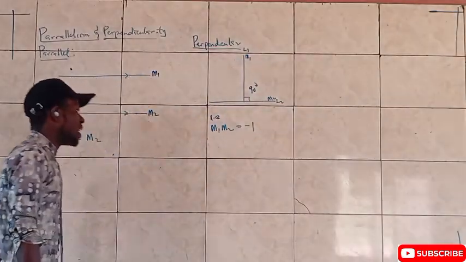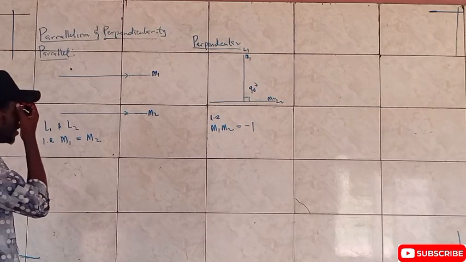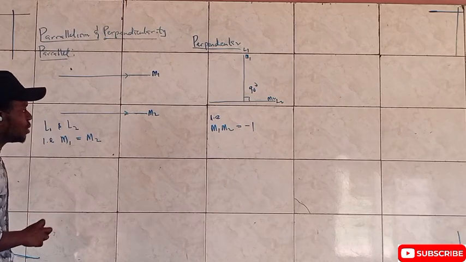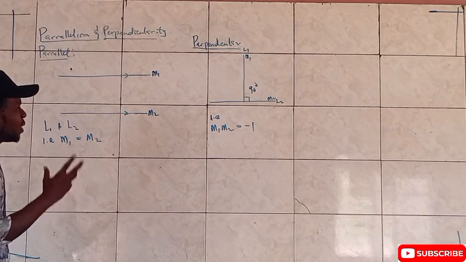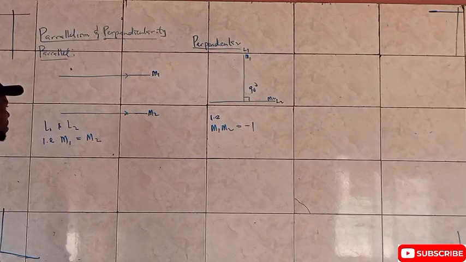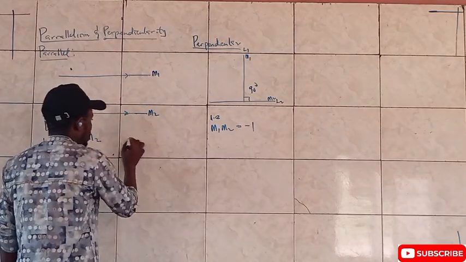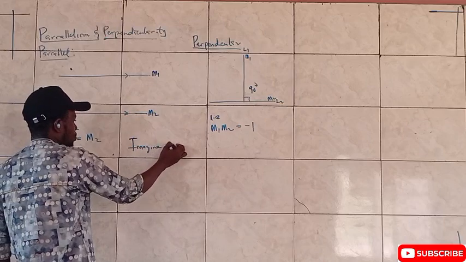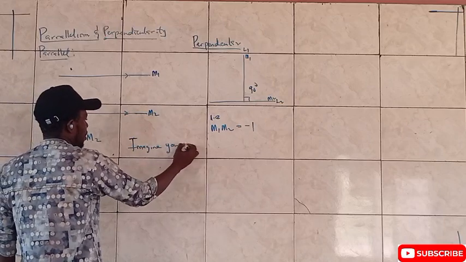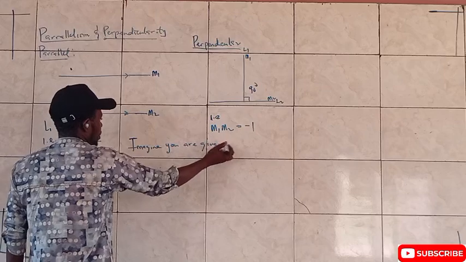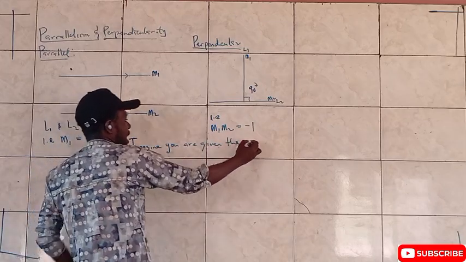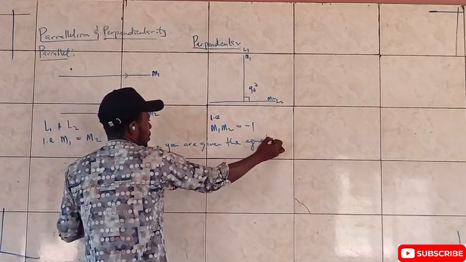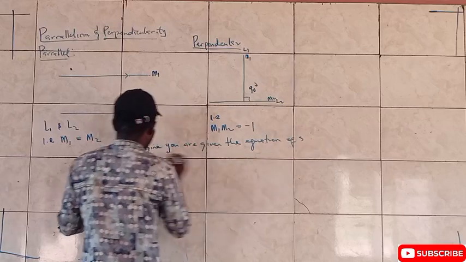So we're going to take an example. Like I said, you know that style. I like it: one example that is very comprehensive, then you can tackle any other example as you want. So imagine you are given the equation of a straight line.